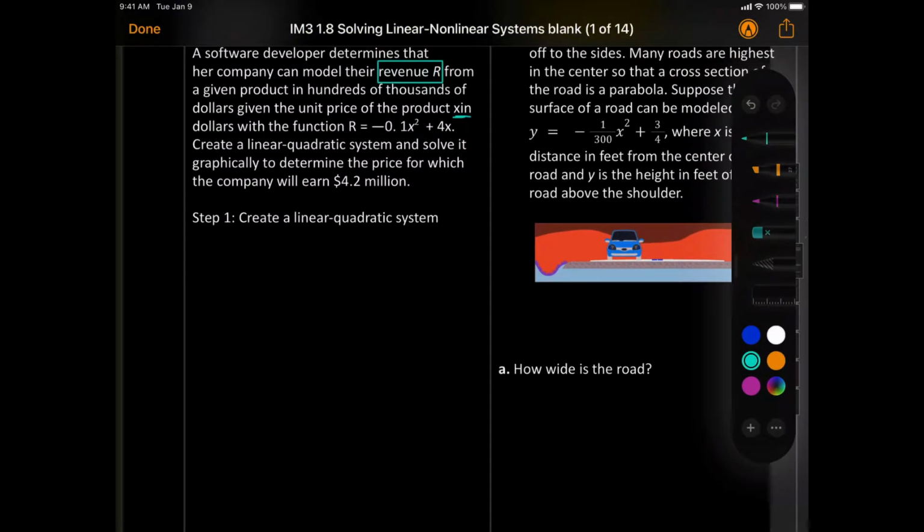Okay, the first thing we need to do is figure out the first equation we're given, which is the revenue model, right? R for revenue. And that is R equals negative 0.1 x squared plus 4x. Okay, the second equation that we're given is we want to have a revenue of 4.2.